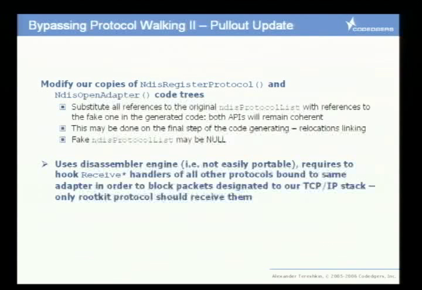So if we have a protocol which is registered in a list different from the original protocol list, a firewall will notice nothing when it checks the list after the registration.